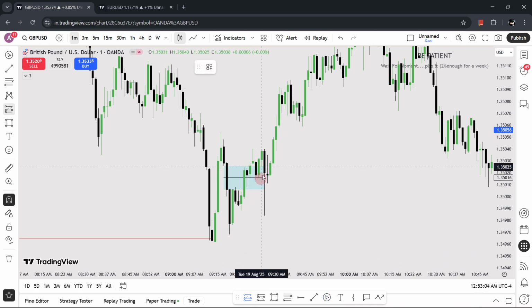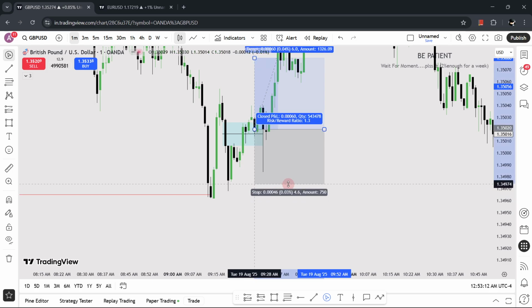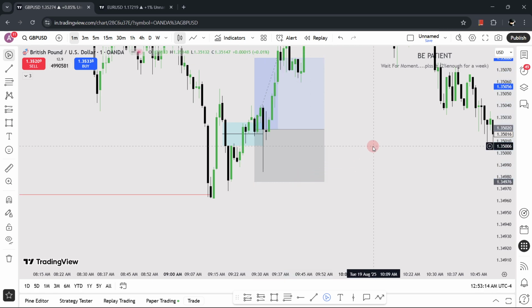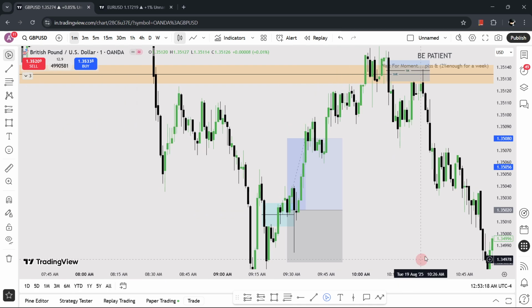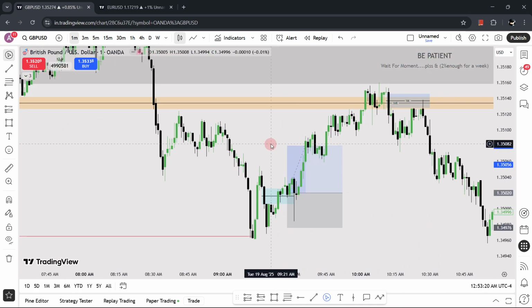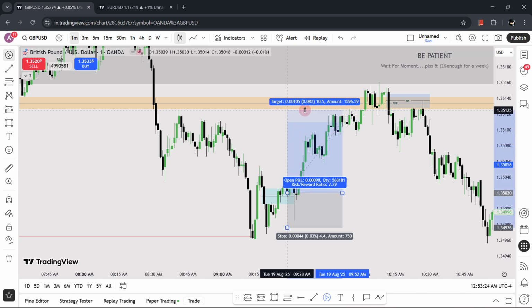Okay, so this was actually my mistake trade. Not a mistake actually. So where should I have exited? I made around 44 pips, something like that. This is a mistake that I have made this week. You should have targeted at least here or this fair value gap.